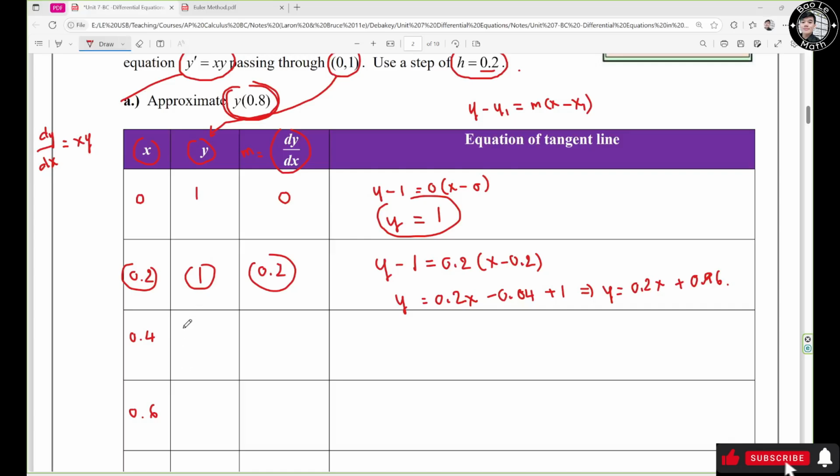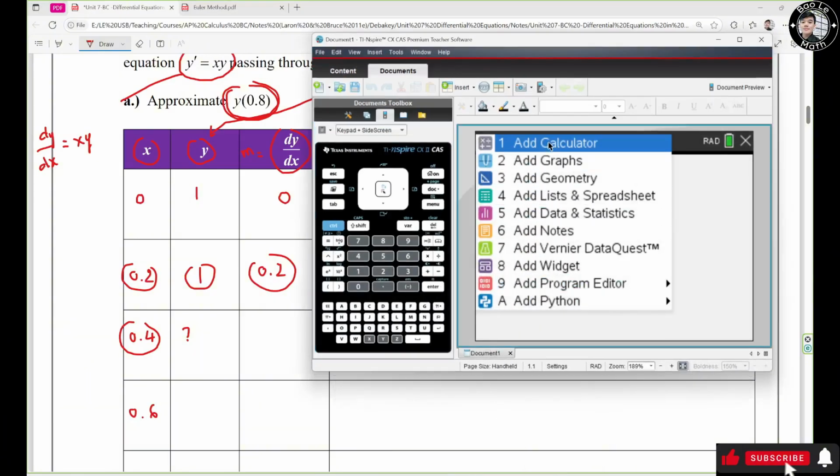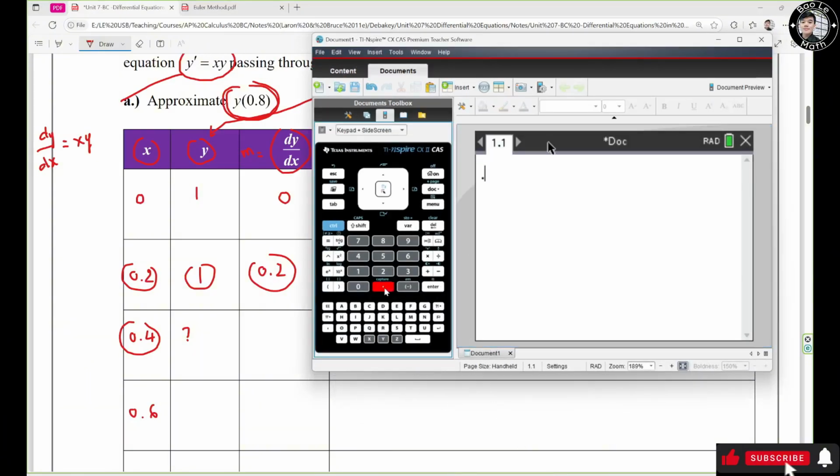Now, to calculate the new y value, you need to substitute 0.4 for s into this equation to solve for y. I'll bring up the calculator: 0.2 times 0.4 plus 0.96.